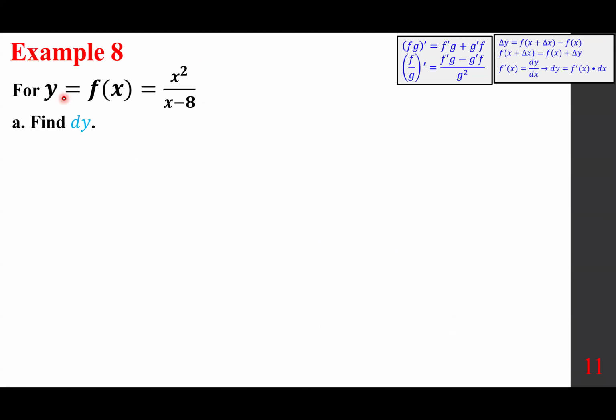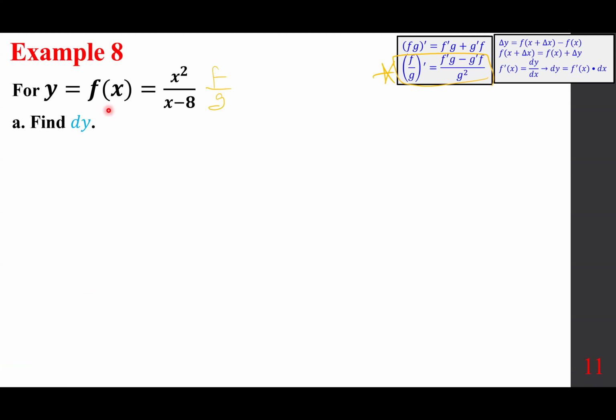Y is f of x equals x squared over x minus 8. We want to find dy. The moment you hear dy, ignore it and go with the derivative. So find f prime of x, or dy dx. That means we have to use the quotient rule: f prime g minus g prime f over g squared.